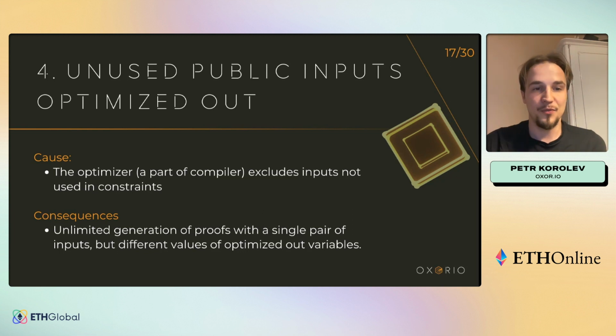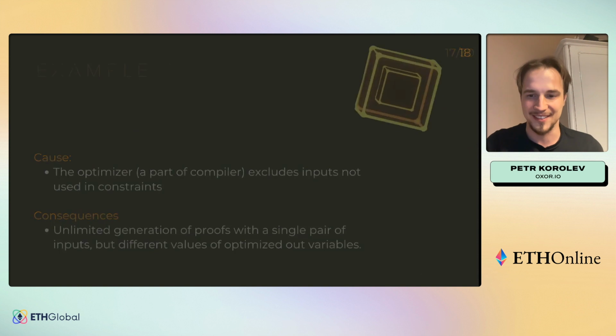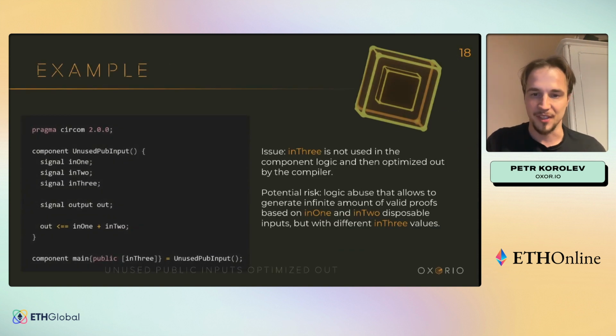If you declare public signals that you will not use, they could be optimized away. In the beginning it looks like it's not a problem, but if your proof should be unique, it can cause wrong assumptions, because a malicious person can give you different kinds of signals.